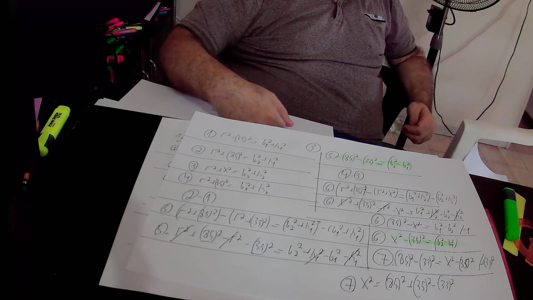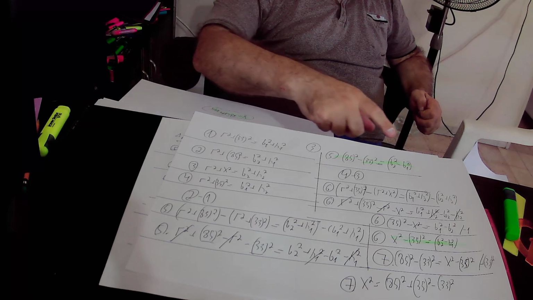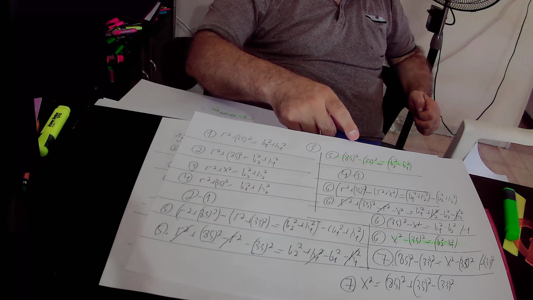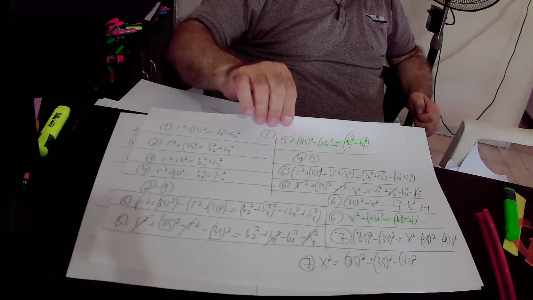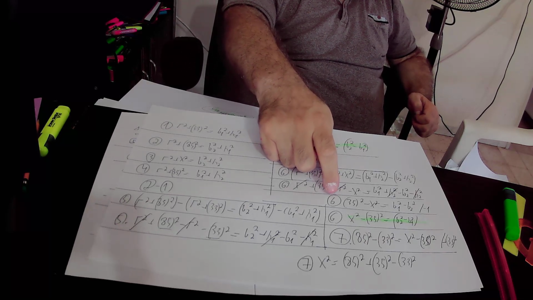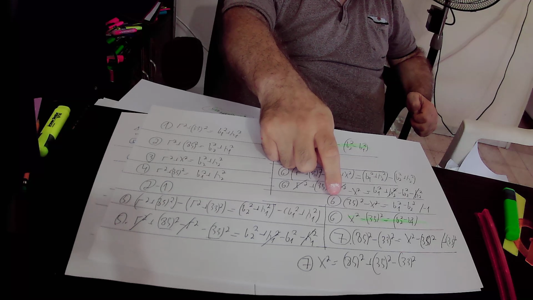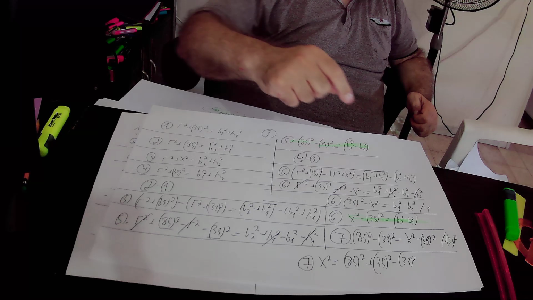And here in equation number 5, we have b2 square minus b1 square equal to 85 square minus 33 square. Then we multiplied equation number 6 by minus 1, and we got that x square minus 35 square equals b2 square minus b1 square.